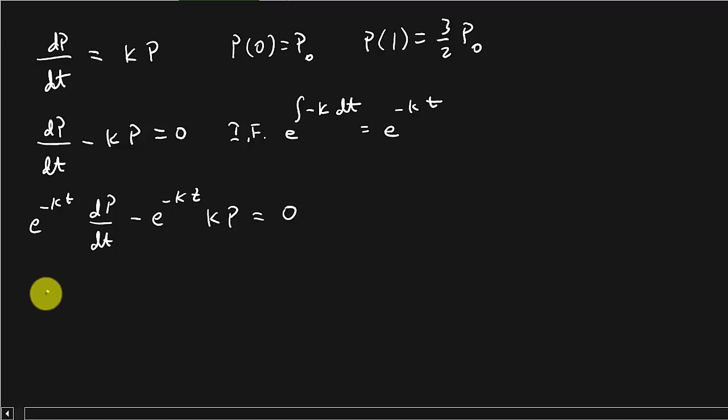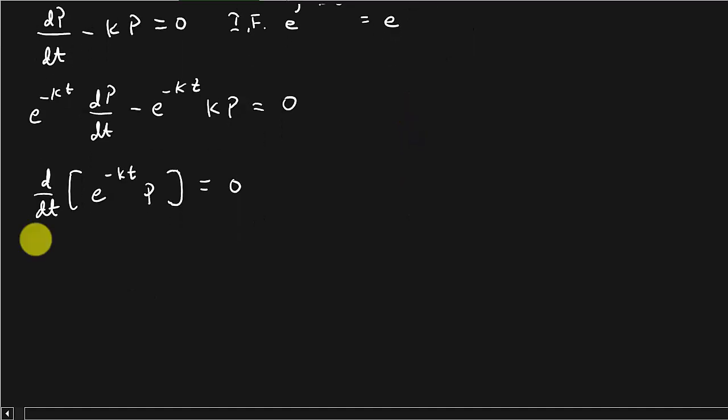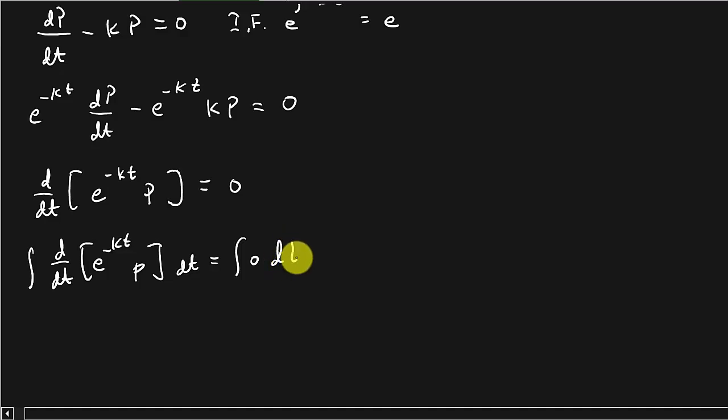So if you remember, the left-hand side becomes the derivative of the integrating factor and P. And so now if we integrate both sides, that's going to give us e to the negative kt times P is equal to C. When we integrate 0, we get C.